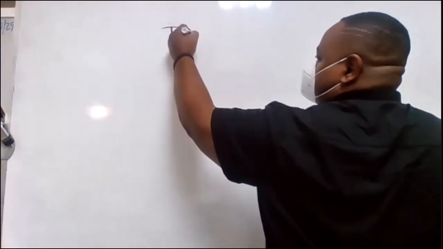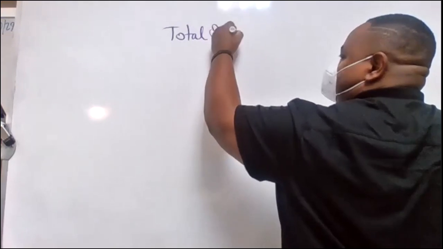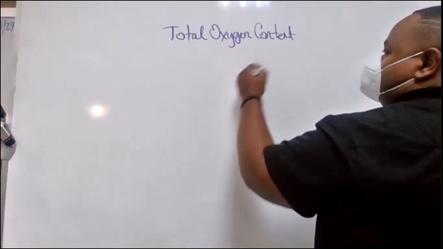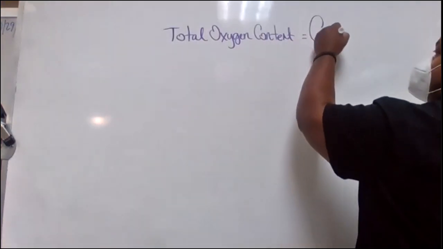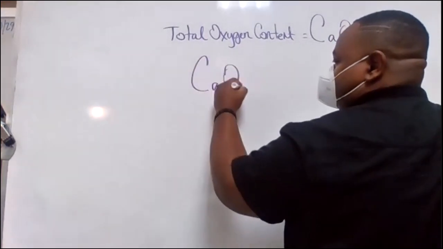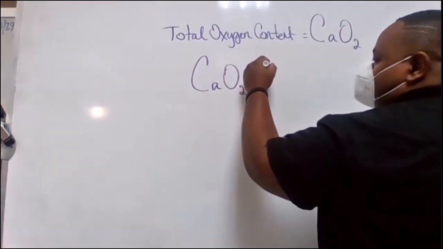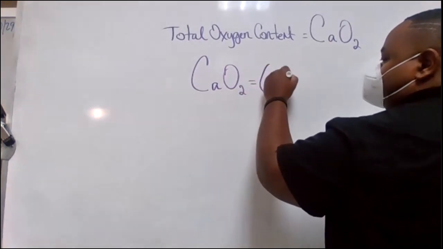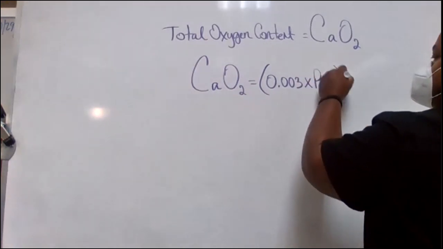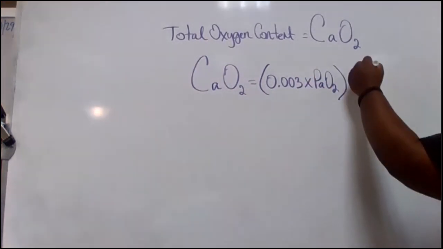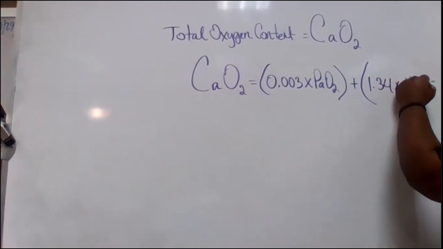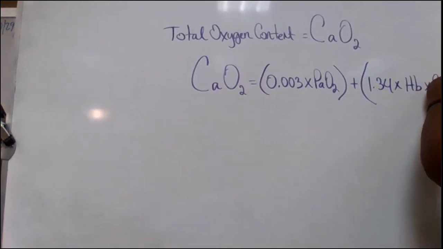The total oxygen content is C little a O2, which is simply 0.003 times the P little a O2 plus 1.34 times hemoglobin times the SAT.